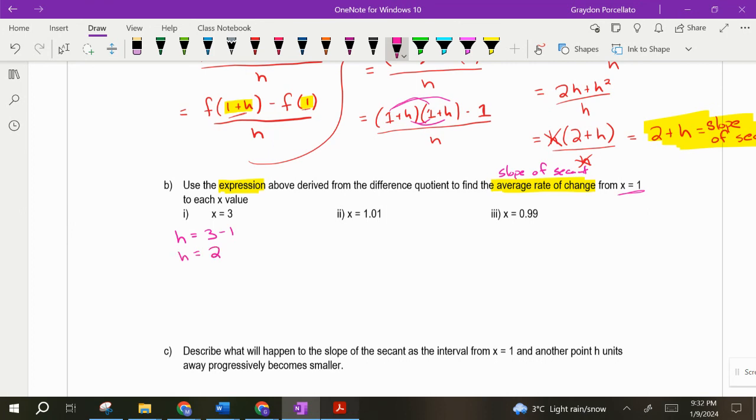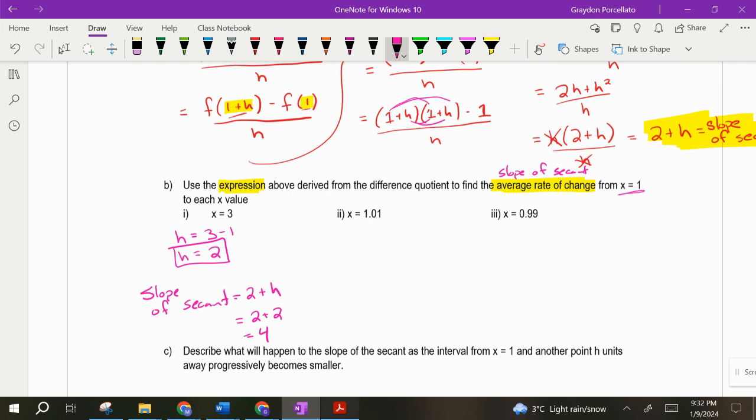So if h is equal to 2, then my slope of secant is equal to 2 plus h, which is equal to 2 plus 2, which is equal to 4. So that's my slope, or my average rate of change, in my first example.